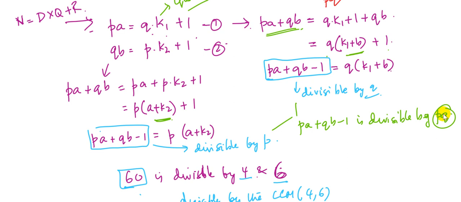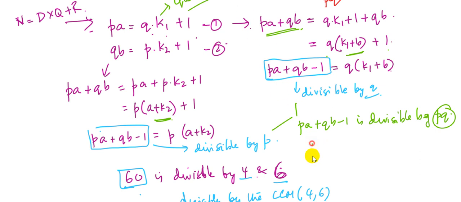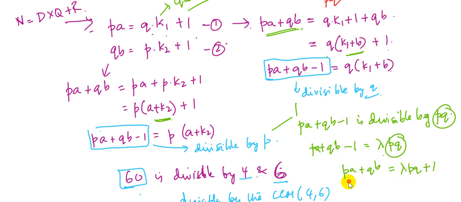So I can write PA plus QB minus 1 is some lambda into PQ, where PQ is the divisor and lambda is a quotient. So PA plus QB will be lambda into PQ plus 1. So when PA plus QB is divided by PQ, the remainder is 1.